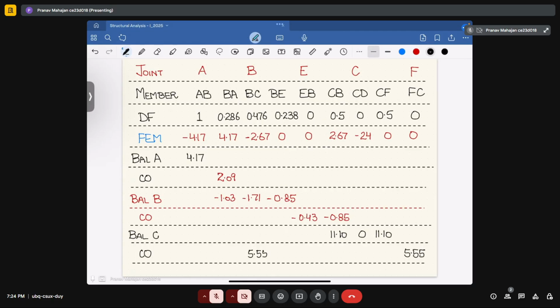Okay, so let's continue it on the next page. I think I should copy this whole page.